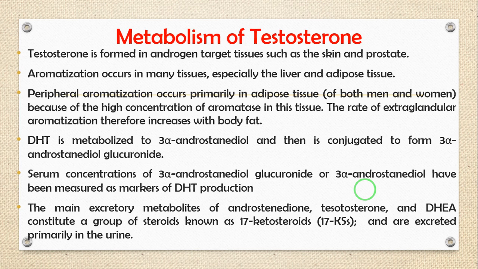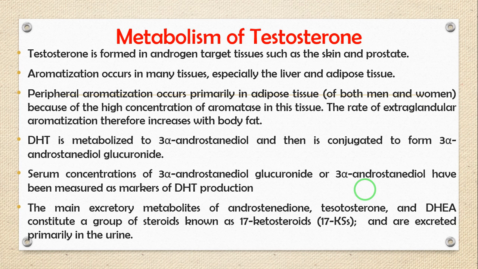These two compounds can be used as a marker in the circulation of the activity or the quantity of dihydrotestosterone. So these are metabolites of dihydrotestosterone and can be measured and used as a marker of its production.